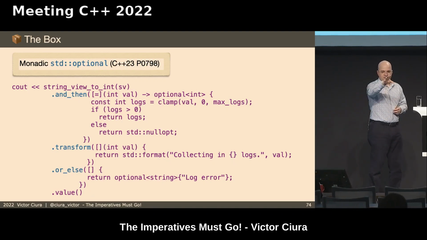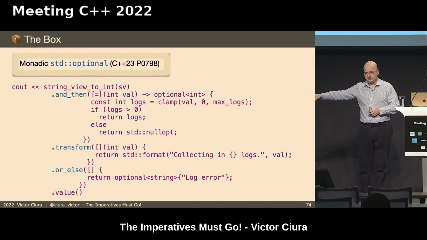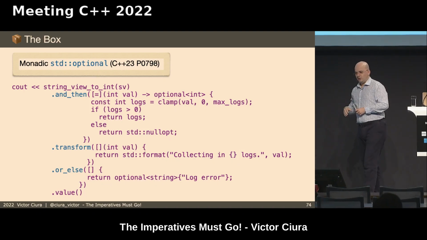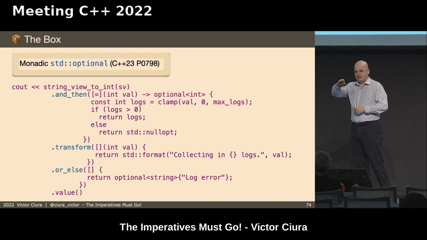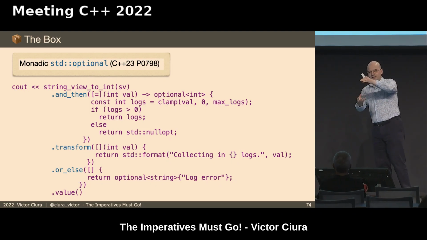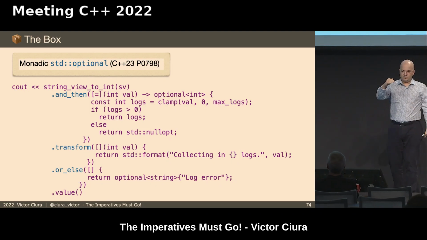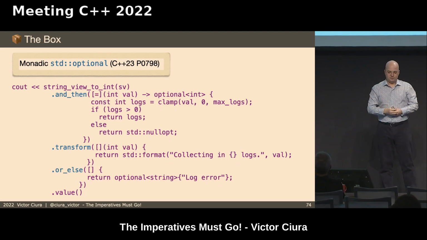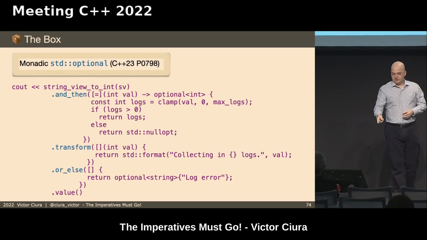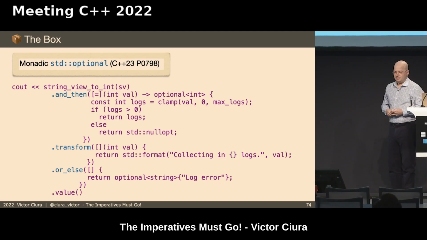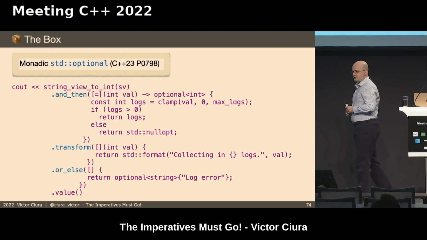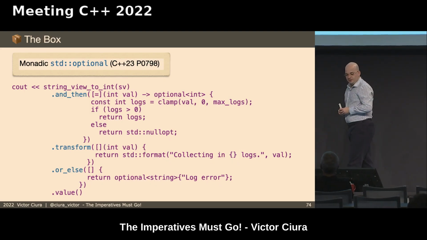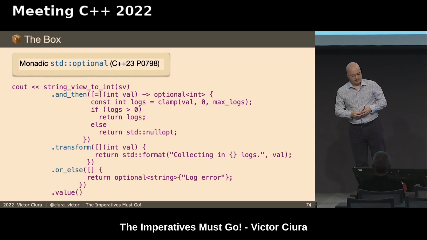So instead of nesting a bunch of ifs, or worse, building some callbacks, we want to build a linear stream, something that feels like steps that we proceed through. So this is where the and then, or transform, or else functions from standard optional can help.